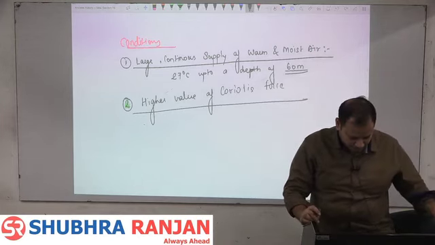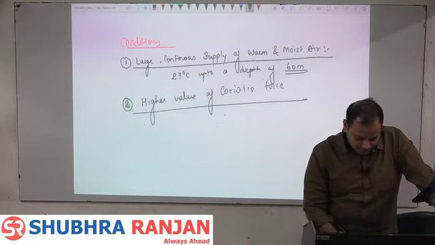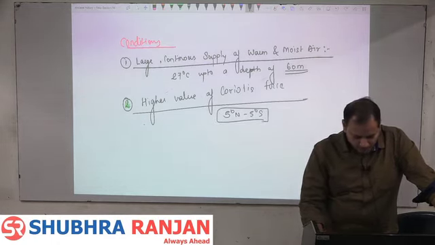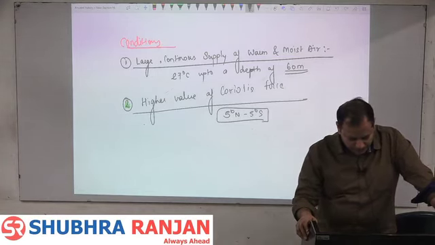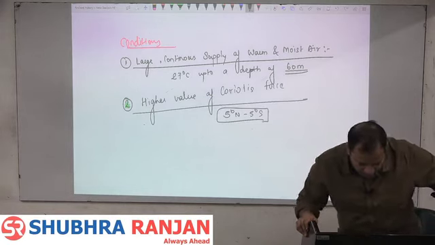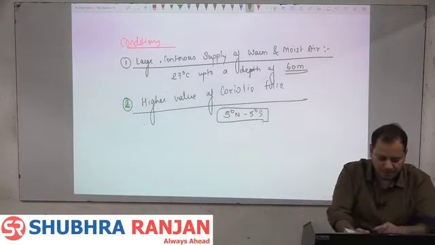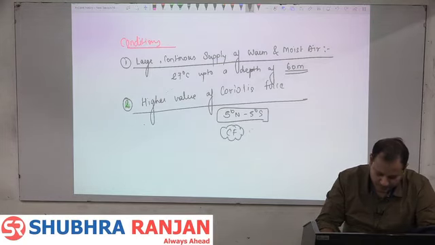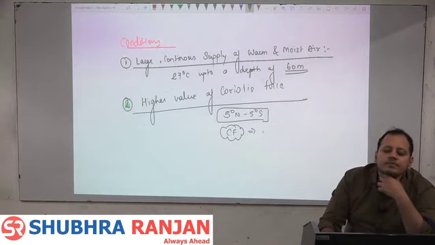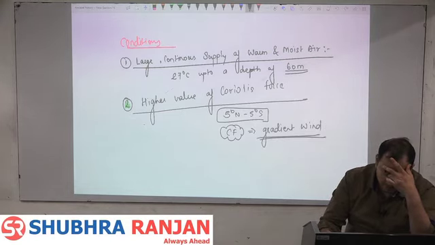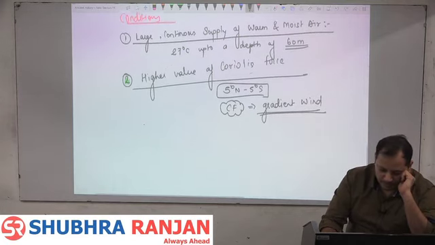Higher value of Coriolis force. They are absent between 5 degree north and 5 degree south, because of weak Coriolis force, which does not help in developing gradient wind.